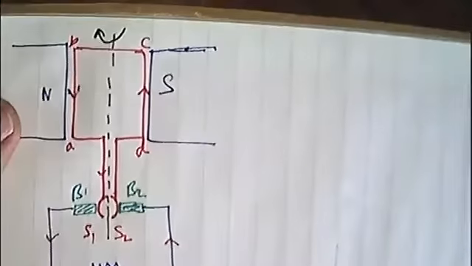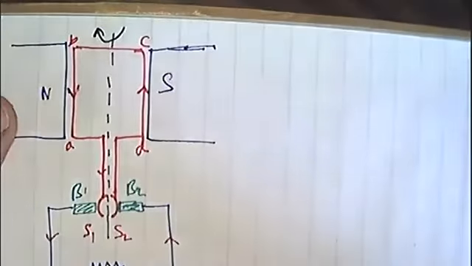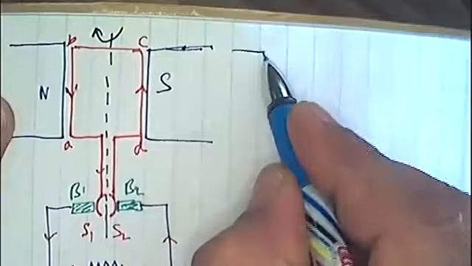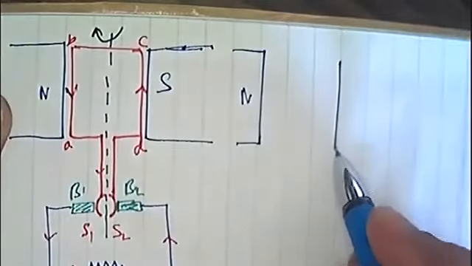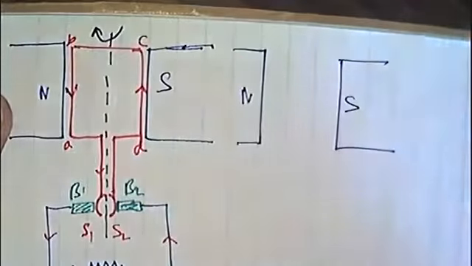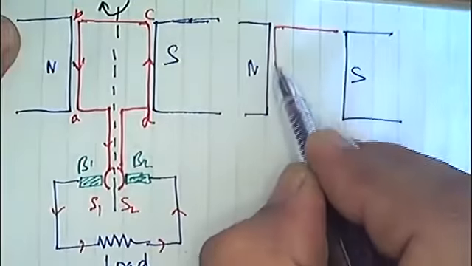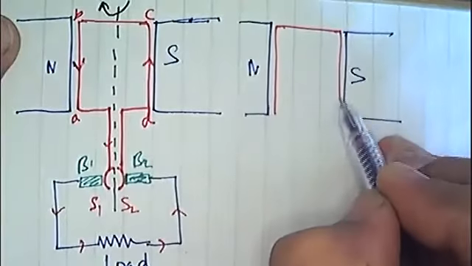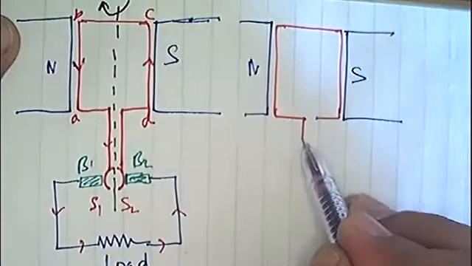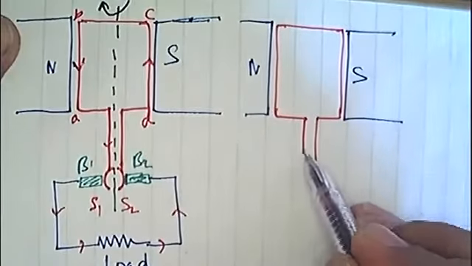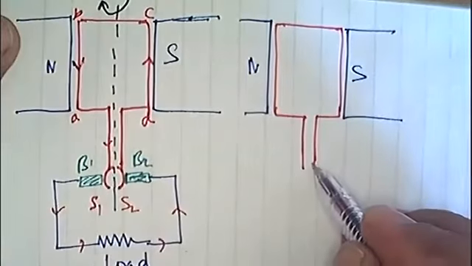Okay. After half turn, the position of coil is reversed like this. North pole, south pole. After half turn, the face of coil is reversed. The position of S1 and S2 is reversed.